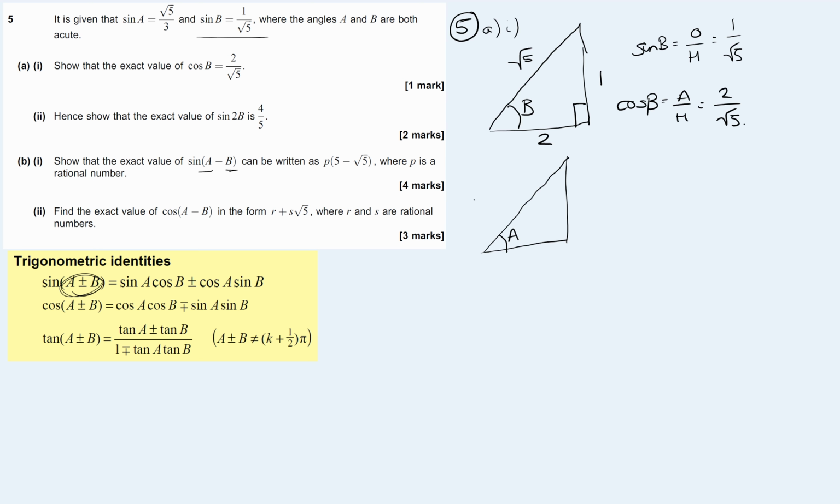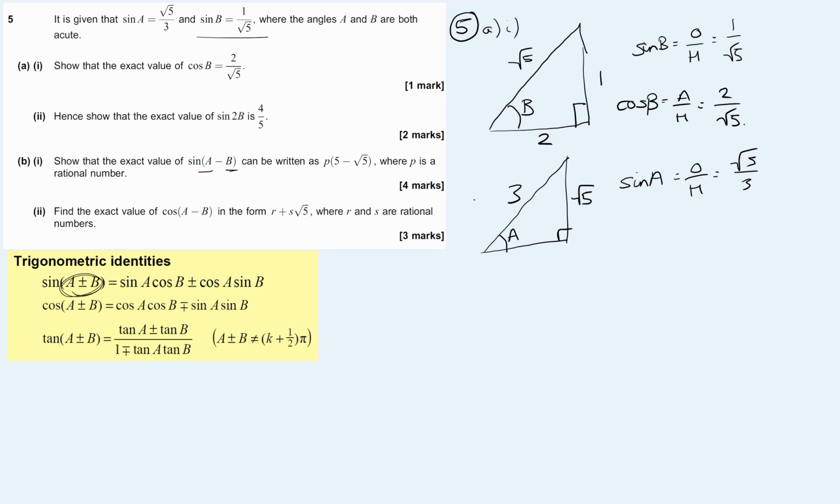Again, we've been told that sine A is root 5 over 3, and we know it's opposite over hypotenuse. So this time root 5, in a right angle triangle, over 3.